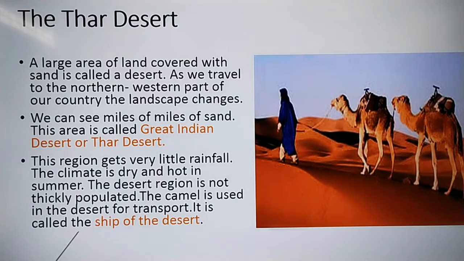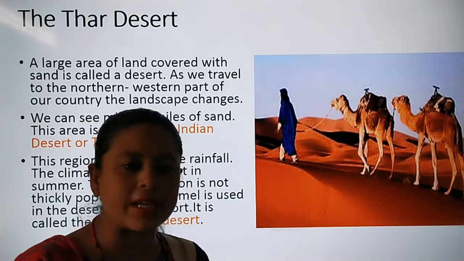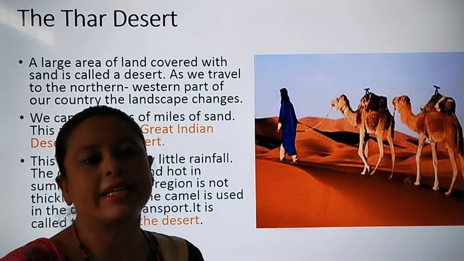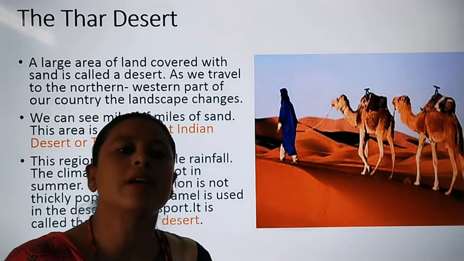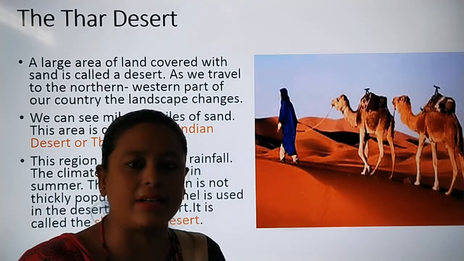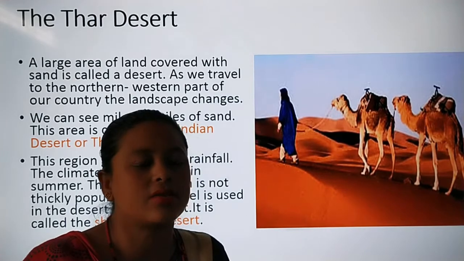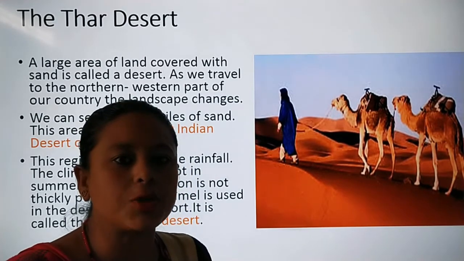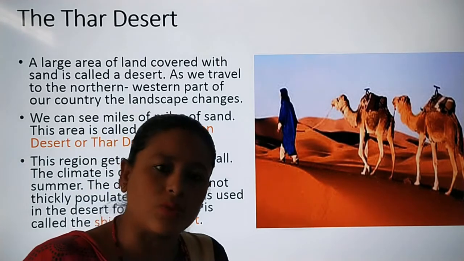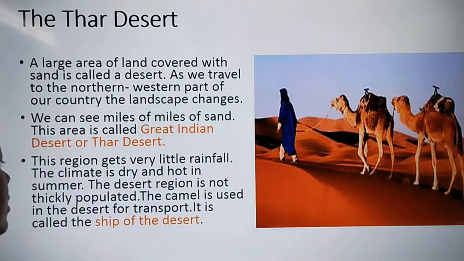It is called the ship of the desert, because only camel can survive in desert land. In desert region, camel is used for transportation. That's why camel is called the ship of the desert.